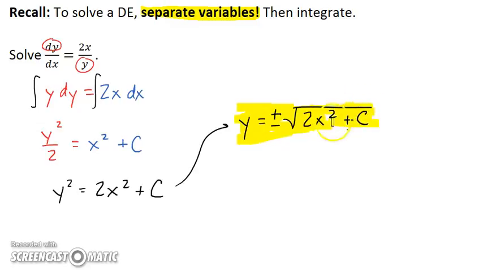Here it is, y equals plus or minus the square root of 2x squared plus some arbitrary constant c. So we call this the general solution. And we call it the general solution because of that c. I can't give you a specific value for c. We'll work some problems in a little bit where I will give you a specific value for c, and then we don't call that the general solution anymore.